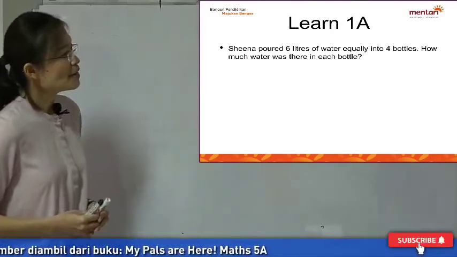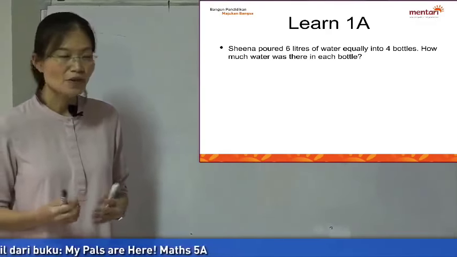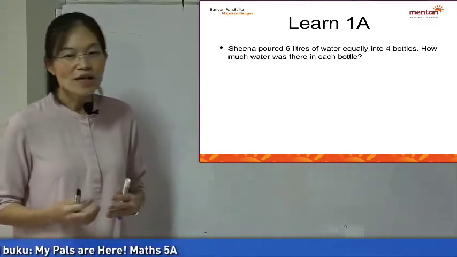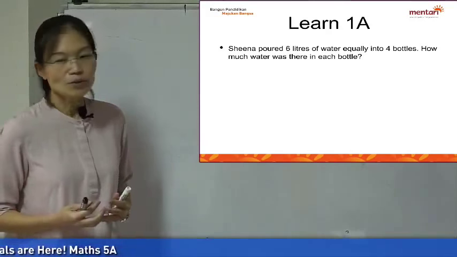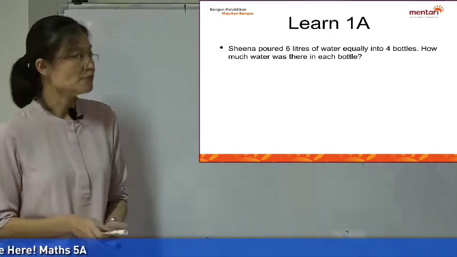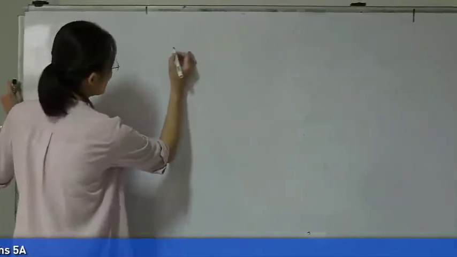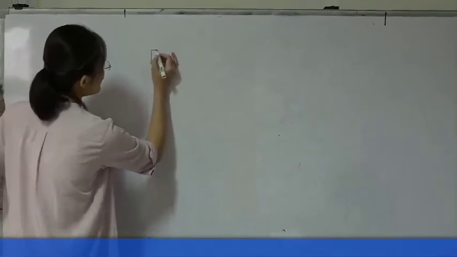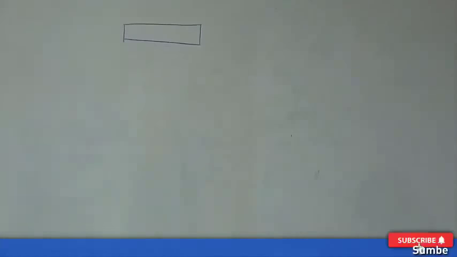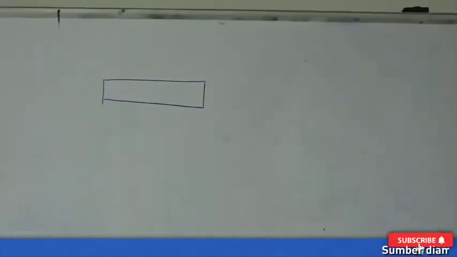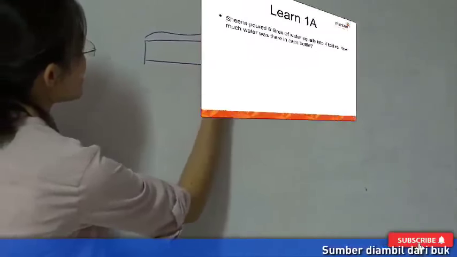We know that there are 6 liters of water, and Sheena poured 6 liters of water equally into 4 bottles. We can draw the bar model. We can draw a rectangle to represent the 6 liters of water. We can simply mark it as 6 liters.